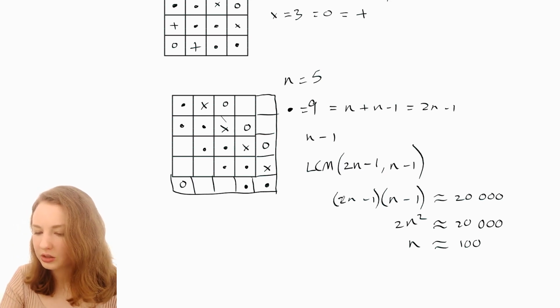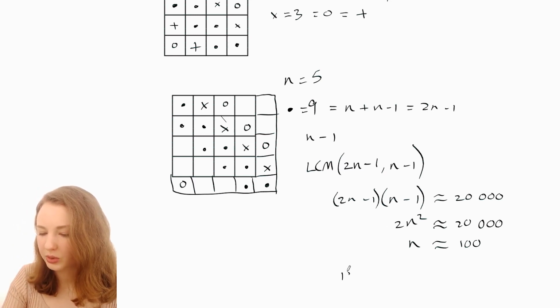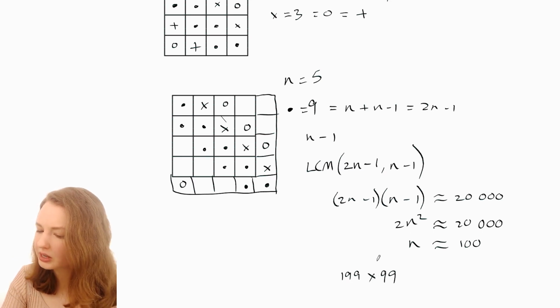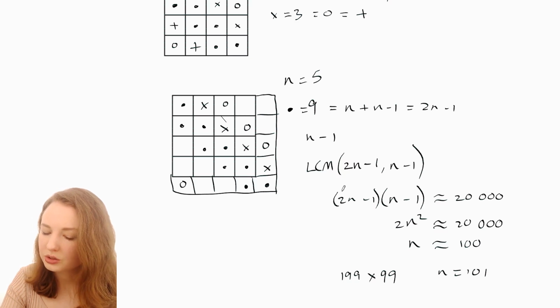So you're going to get 2 times 100 minus 1 is 199, and 100 minus 1 is 99. Now that's going to be less than 20,000, so n equals 100 isn't going to work, but we could try n equals 101. So 2 times 101 is 202, minus the 1 is 201, and then you've got the 101 minus 1 is 100.